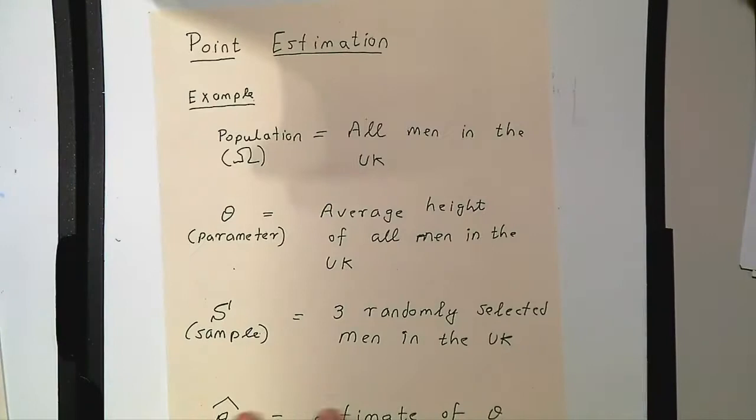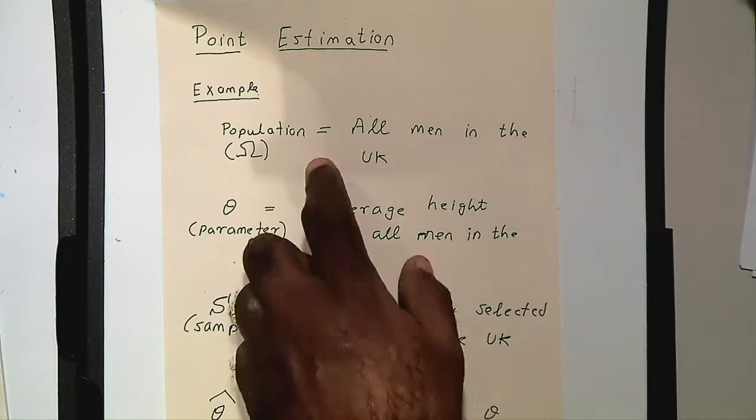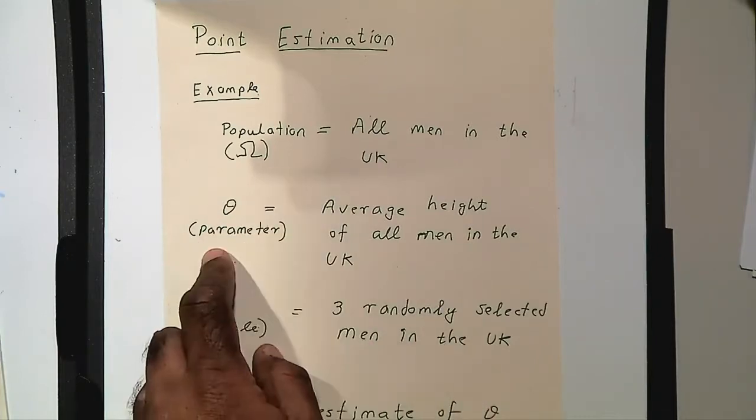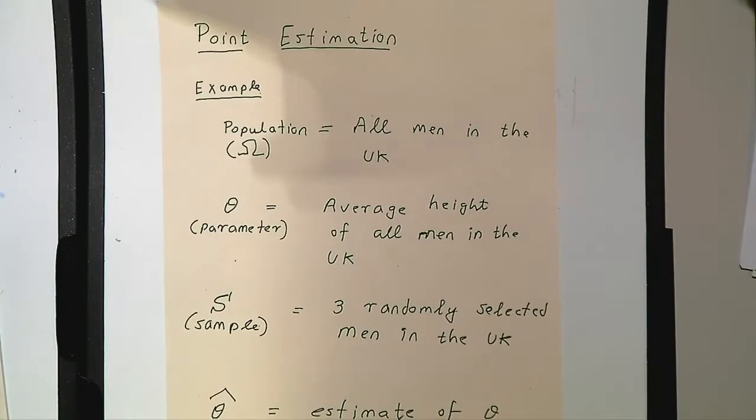Right now, last week we talked about point estimation. Point estimation is an important part of statistics. So I started with an example with the population, parameter, sample, and estimator, right?